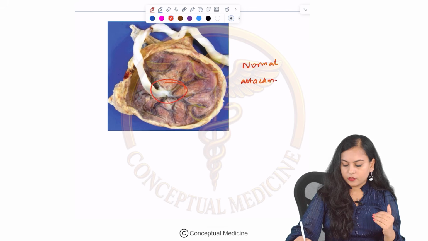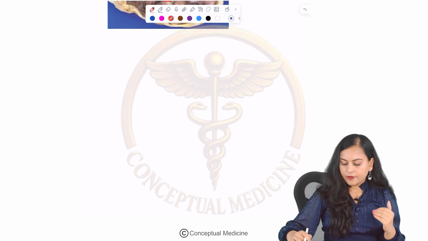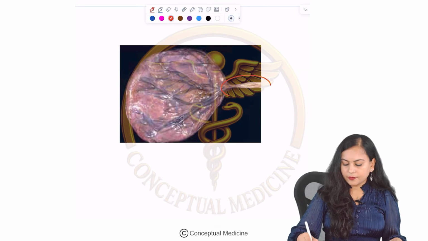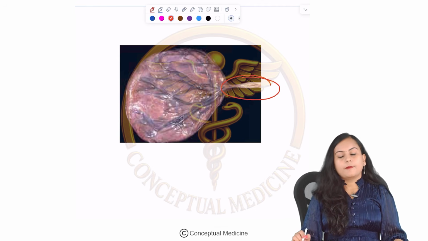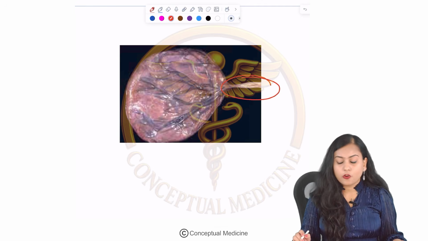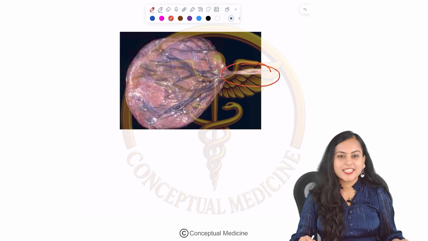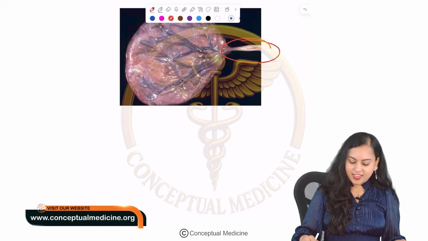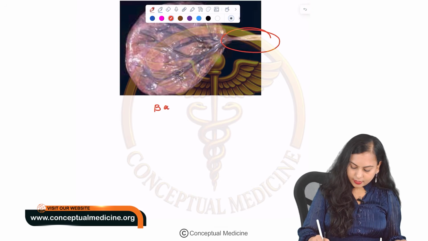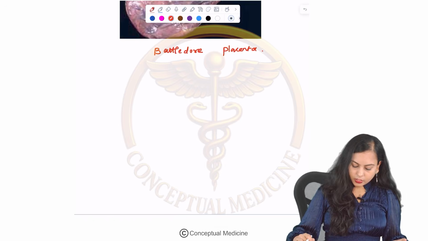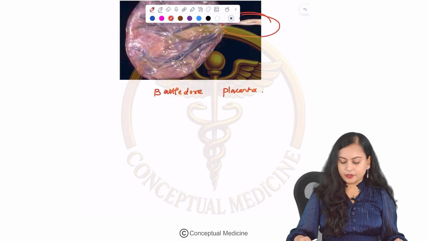Whereas if you see this placenta where the umbilical cord is attached to the margin of the placenta, what is it called? Yes, it is called battledore placenta, right? The cord is attached to the margins here.